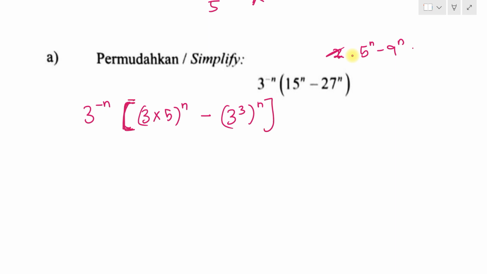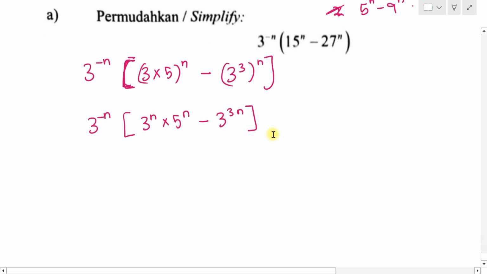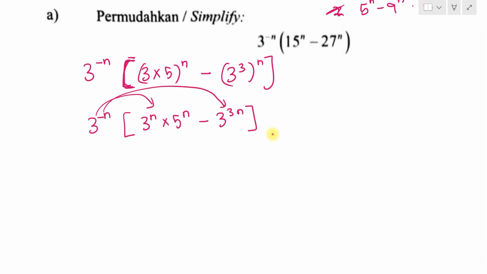Now, 3 power negative n, I do the inside first: 3 power n times 5 power n minus 3 power 3n. Now we multiply this to the whole thing, because there is a minus here.